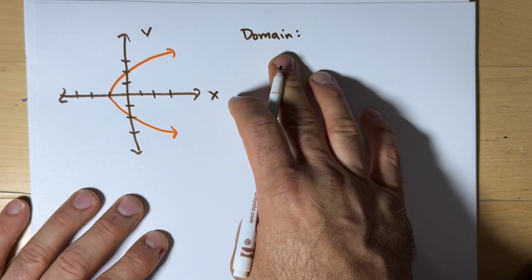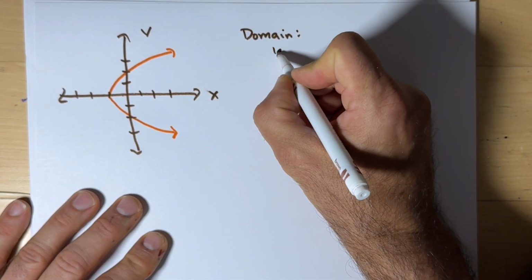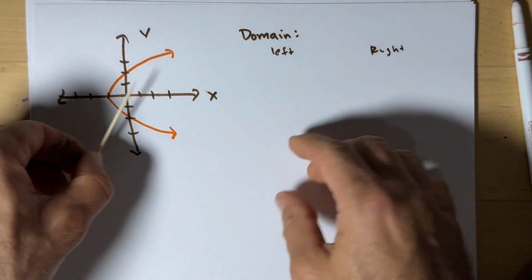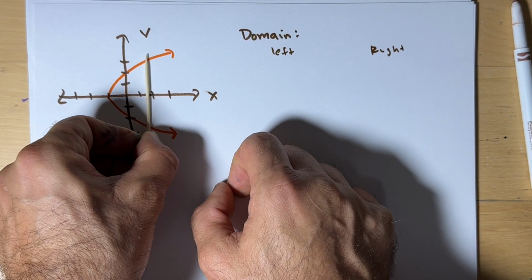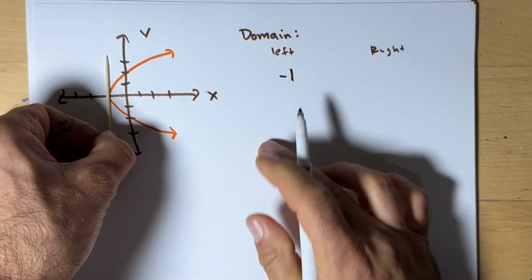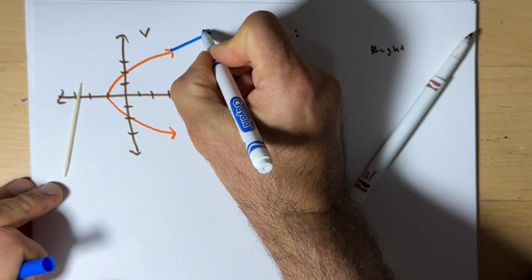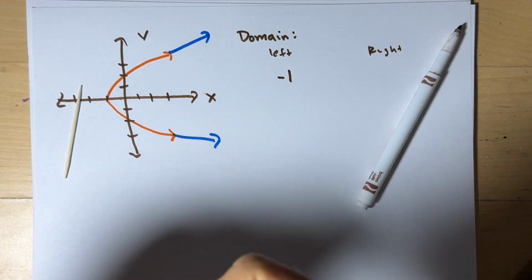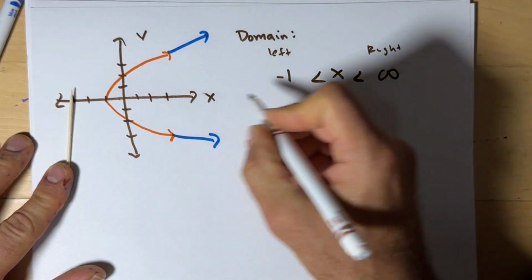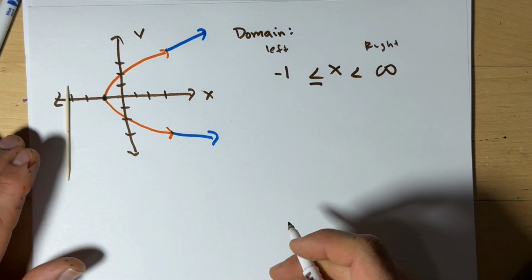We're going to go which way first? Beyonce said to the left, and then to the right. So if we use our trusty toothpick, to the leftmost is right there, -1. To the right, we want to remember, these keep going. So infinity. We're touching the -1, so we put an equal sign.